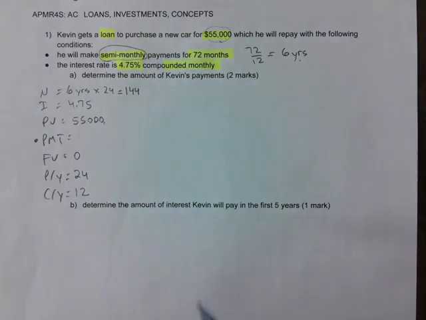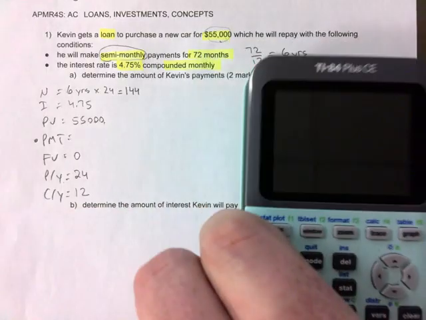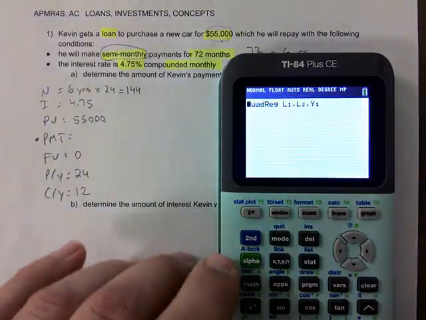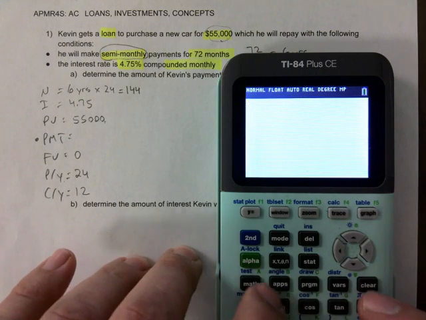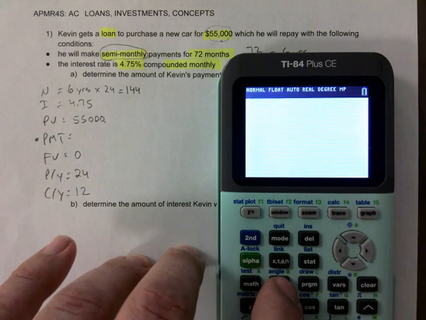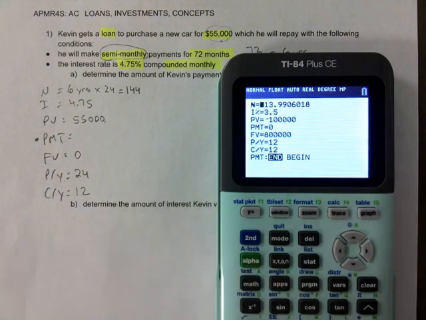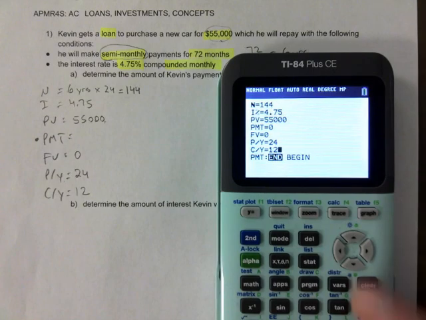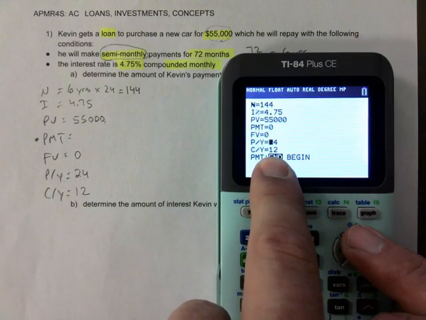Okay, so you go alpha, and I'm going to actually solve this. And if you made a mistake, I still encourage you to solve this with me, just so when we use balance or sum of interest that you can actually get the same. So watch out, PY changes CY, right?